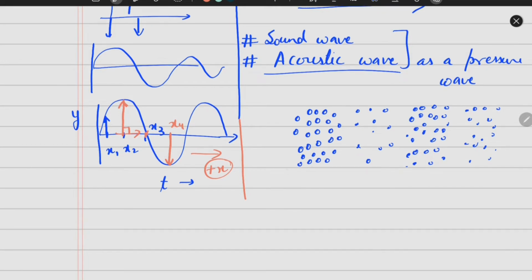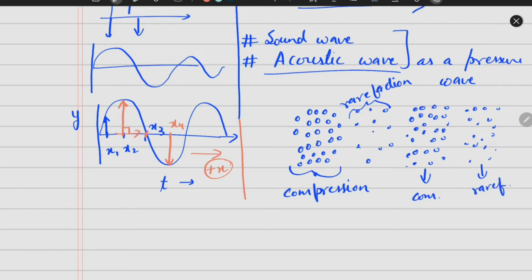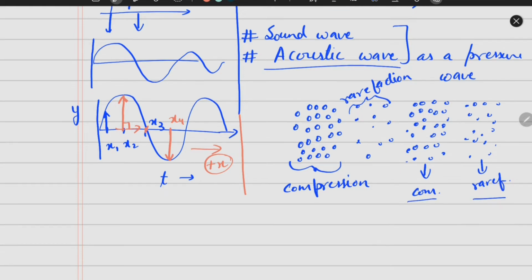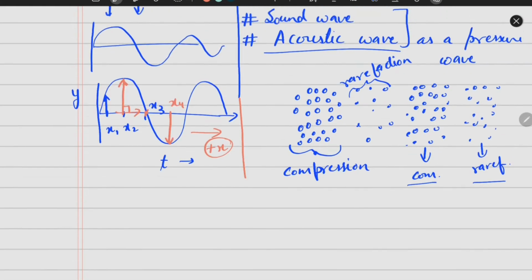Let me write here: compression, this is rarefaction, again compression, again rarefaction. So this is just in the air.